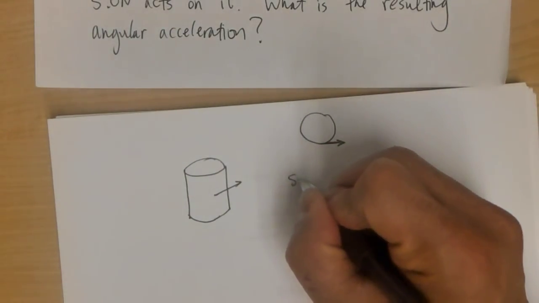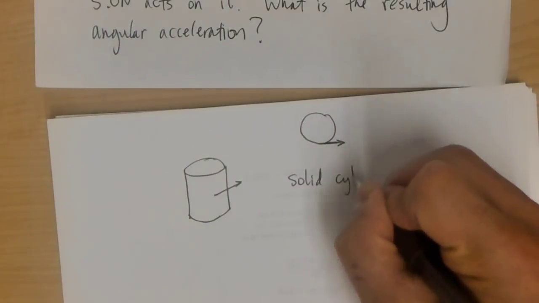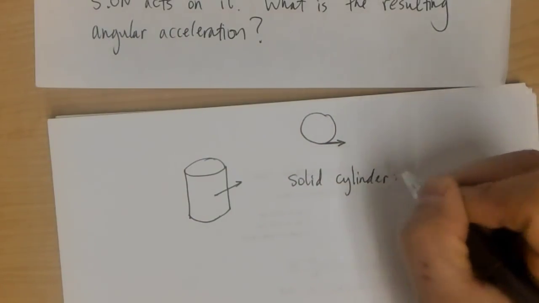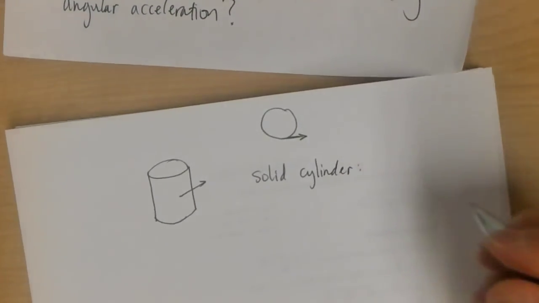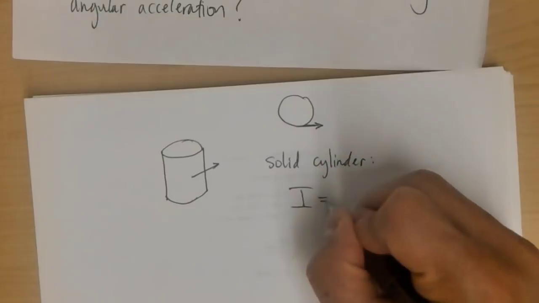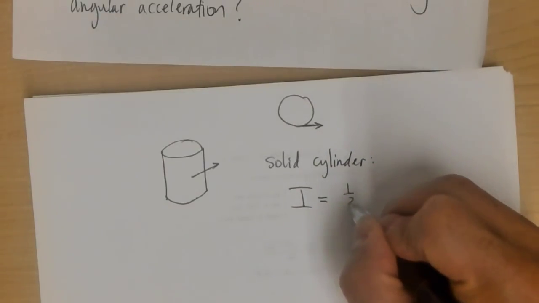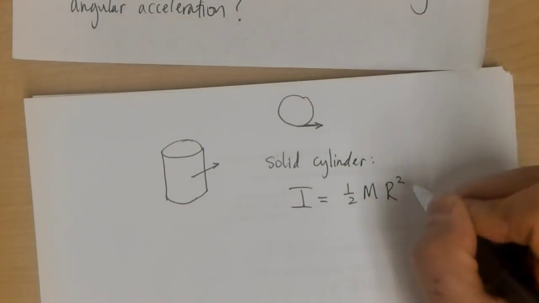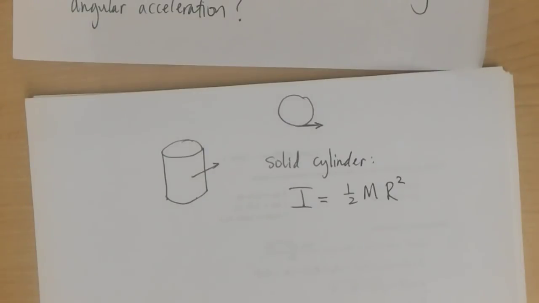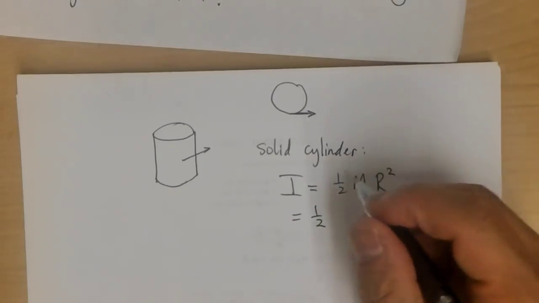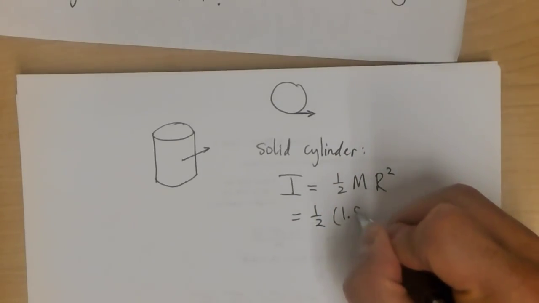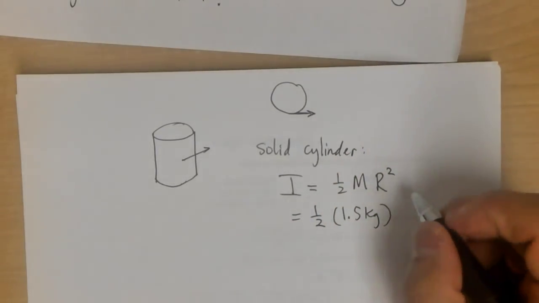All right, for a solid cylinder, we know that the moment of inertia, I, is equal to 1/2 mr squared. This is what we did last lecture. And so we have 1/2 times the mass, which is 1.5 kilograms, times the radius.